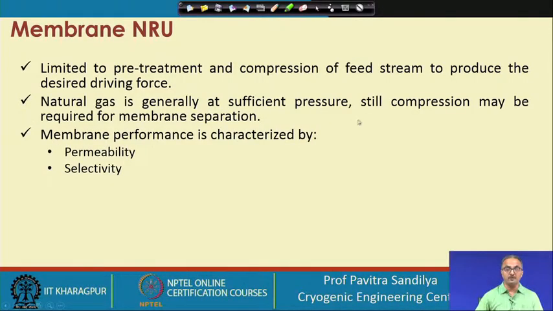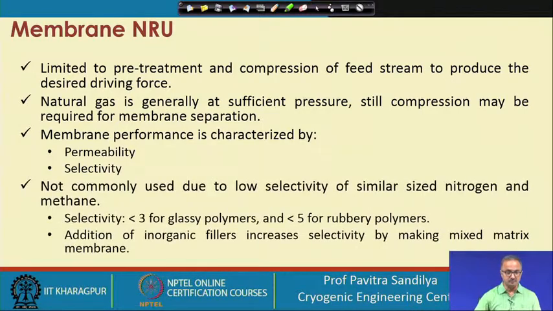And the membrane performance is characterized by the permeability and the selectivity. What do they mean? Permeability refers to how much the membrane will allow some particular solute to pass through, and selectivity means which of the solutes will preferentially be allowed to pass through the membrane. And these membranes are not commonly used due to low selectivity of similar sized nitrogen and methane.